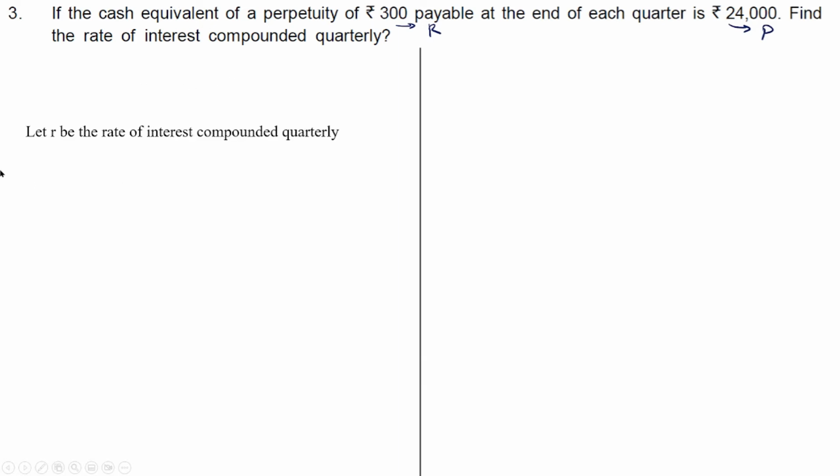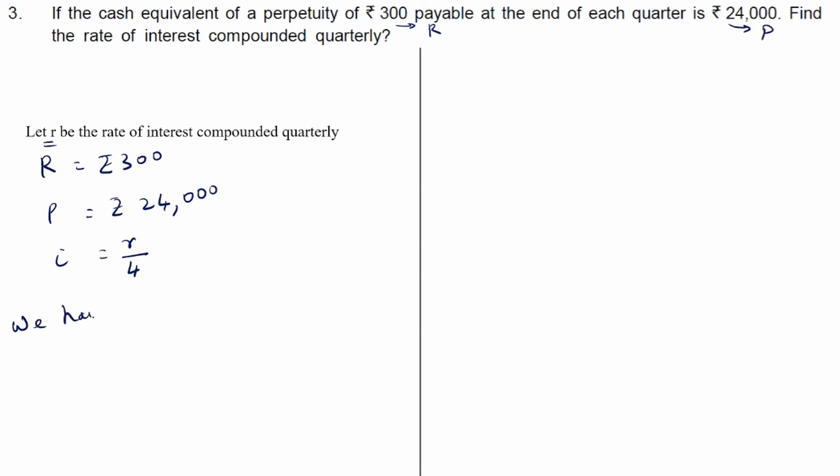So let us take, let R be the rate of interest compounded quarterly. The periodic payment is given, it is rupees 300. Present value of perpetuity is given, it is rupees 24,000. Rate per period will be, we have taken R as the rate of interest, so I will be R by 4.